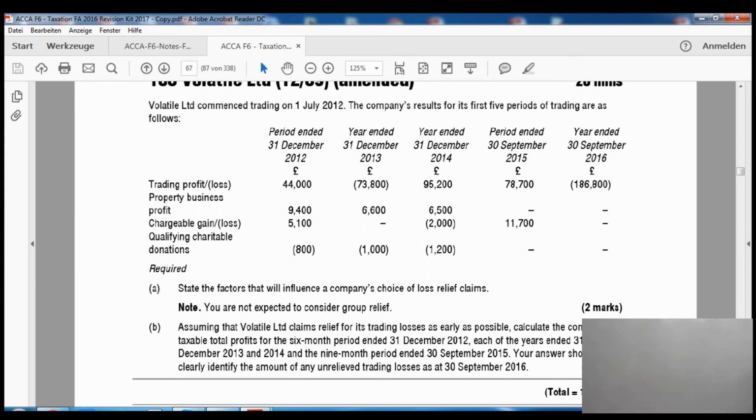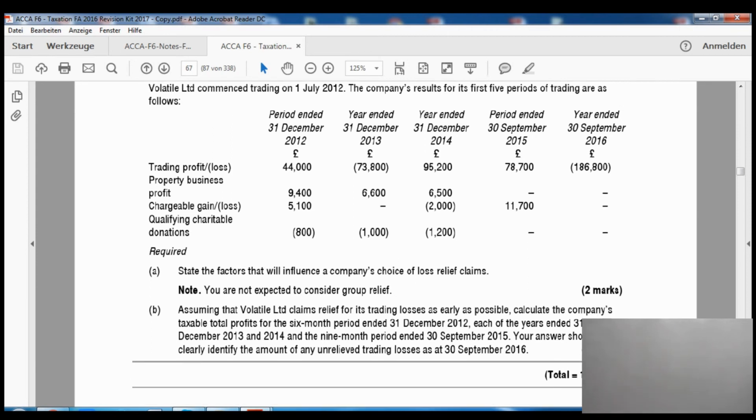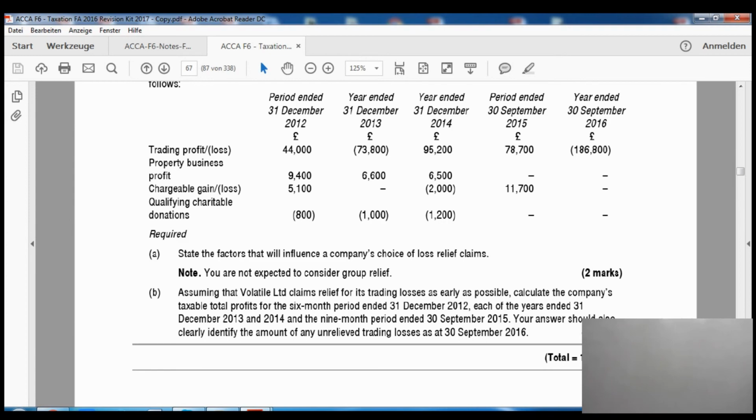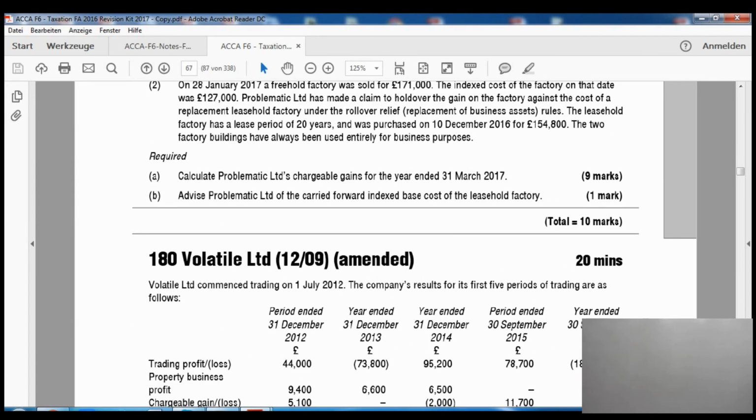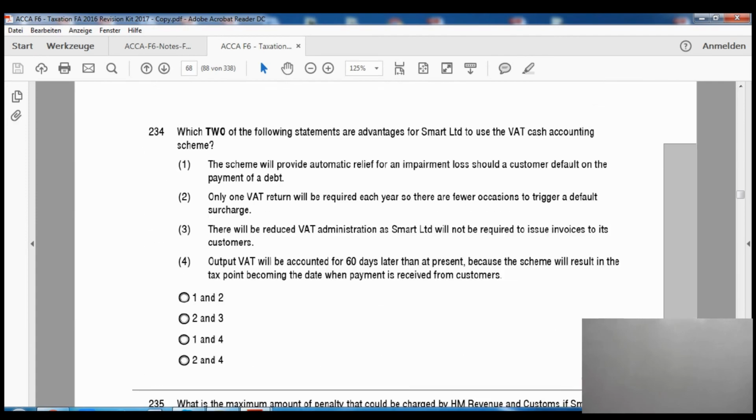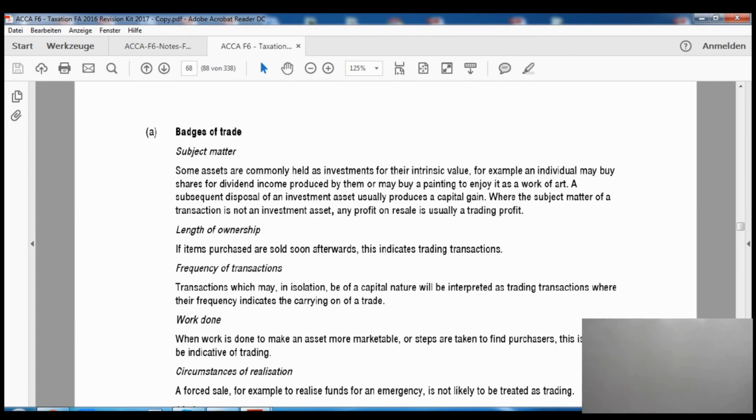So we can reduce the 2014 profit as well with this loss from 2016. All right, so we can set off not only against 2015 but also against 2014. Whatever the remaining amount will be, that is the amount for which we will have to pay tax. I will just show you the answer to this one as well, so that you can understand this concept.